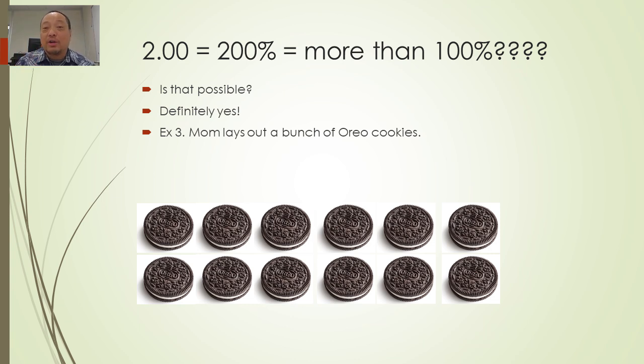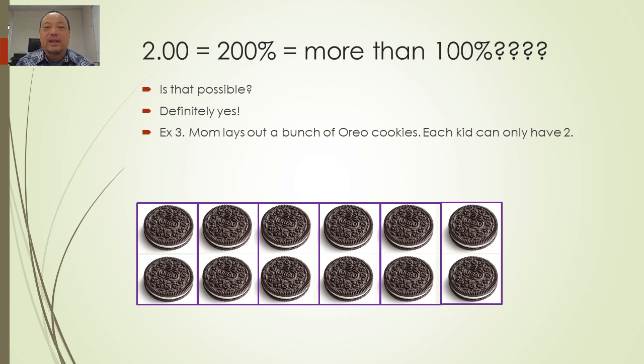Suppose mom lays out a bunch of Oreo cookies. And she says each kid can only have 2. So the quota is 2 cookies. But me, I take 4 of them. I take double. I take 2 times the quota.